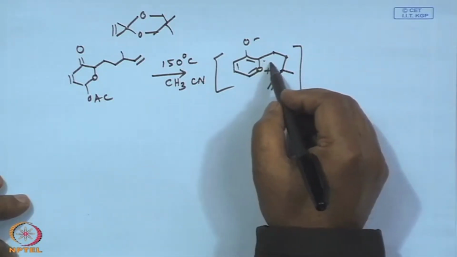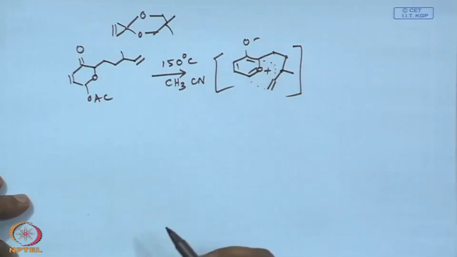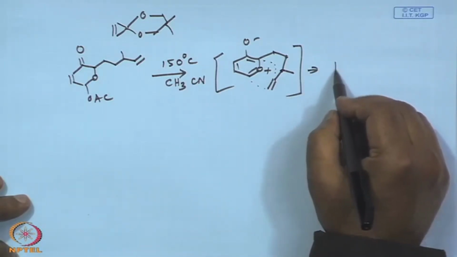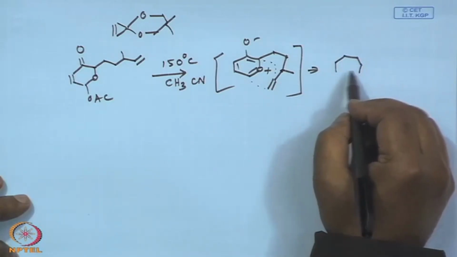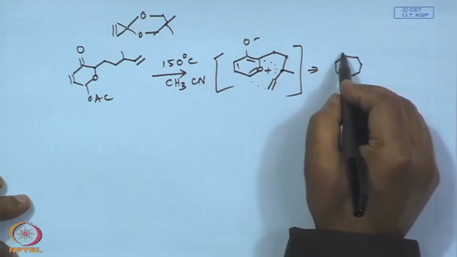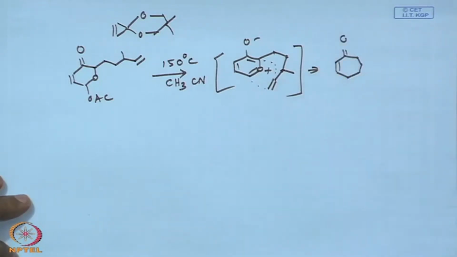So, this one would form here and this one would form here. So, essentially what you will get is a 7 membered ring, easy to remember. You have to have an alpha beta unsaturated system.